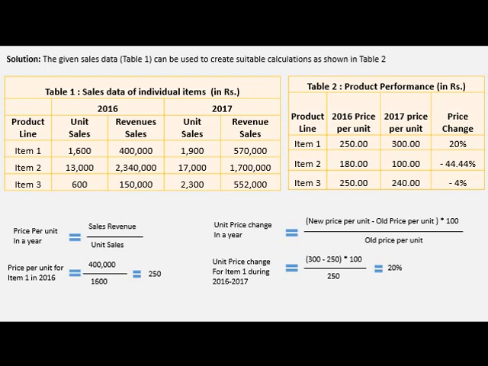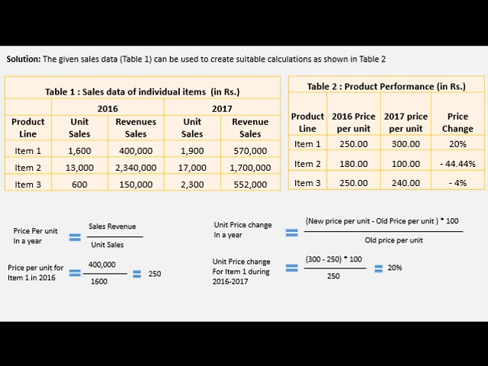Next, we look at how to calculate the price change during 2016 and 2017 for each item. The price change in a year can be calculated by subtracting old price per unit from the new price per unit and multiplying it by 100 to express it in percentage terms, which is further divided by old price per unit.